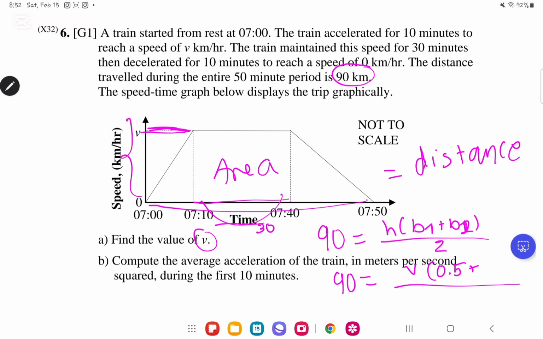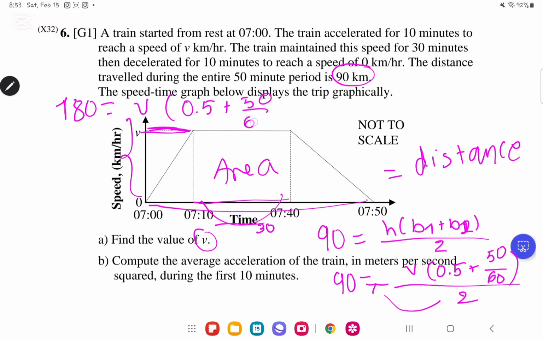50 minutes, let me check how much it is. It is a continuous decimal, so you're just gonna add 50 over 60, over 2. So you multiply it by 2, you get 2 times 90, which is 180. So 180 is equal to the velocity times 0.5 plus 50 over 60.